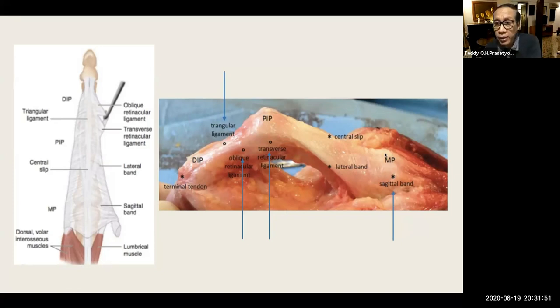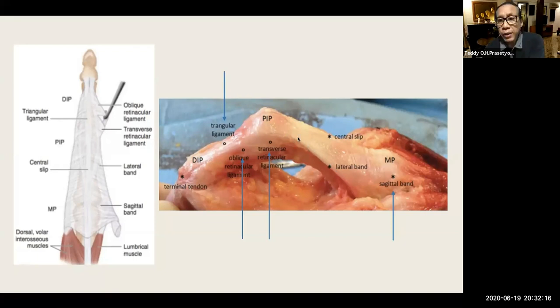So it connects the central slip with the volar plate. The volar plate is basically the floor of the MP joint at the volar side. Then this is the lateral band, which is comprised of the lumbricalis muscle and also the interossei muscle, right?